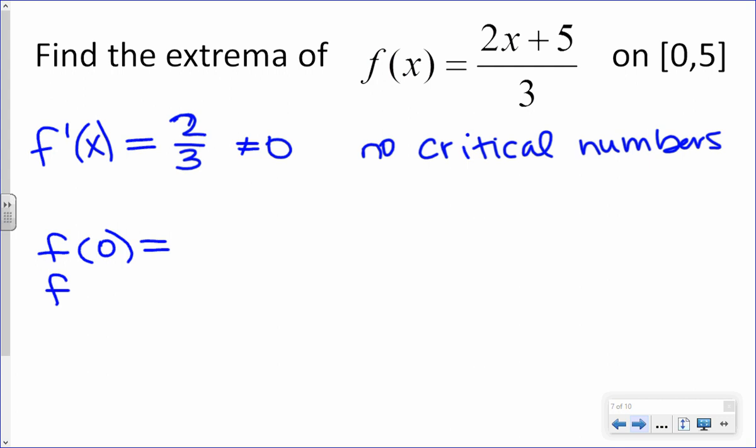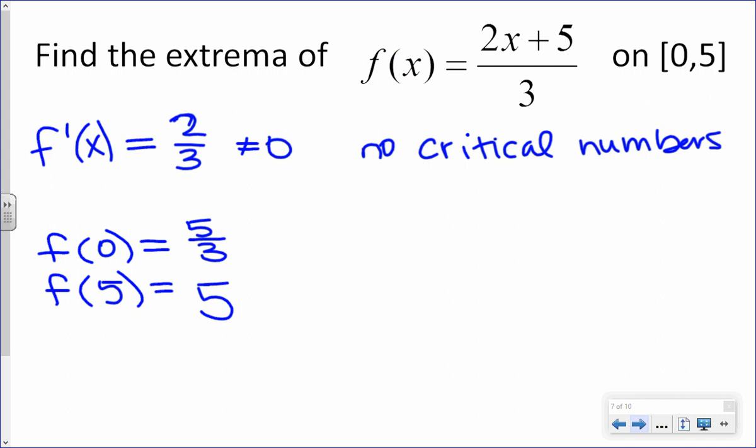So we need to plug in 0 and 5 into our function. When we plug in 0, what do we get? And when we plug in 5, we get what? 5. So now we make a decision.